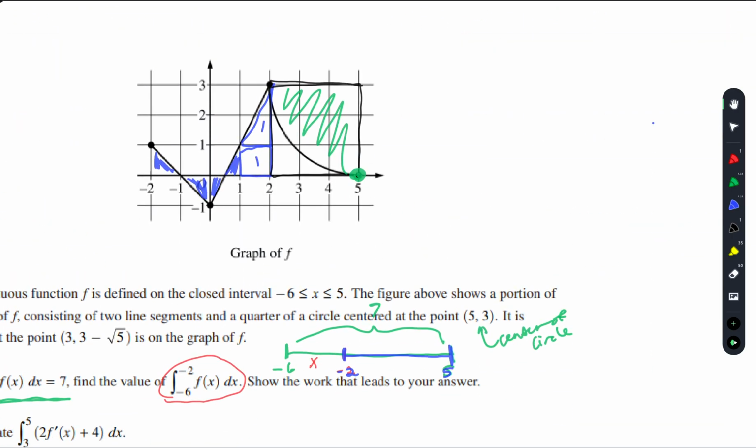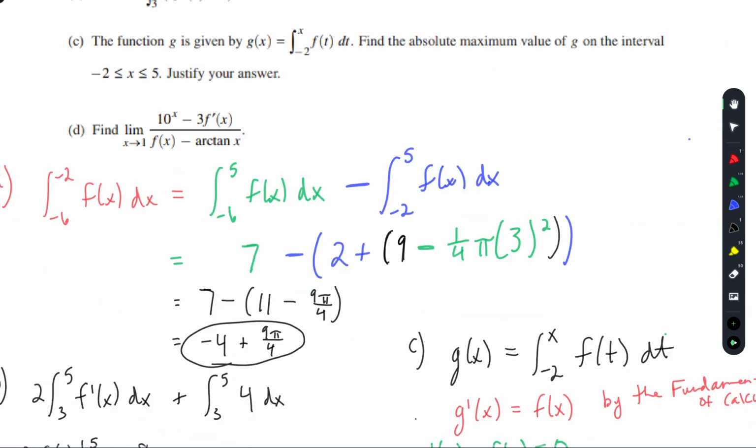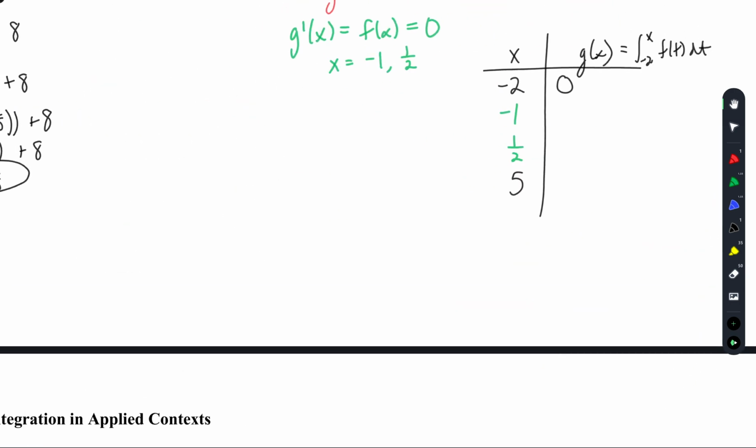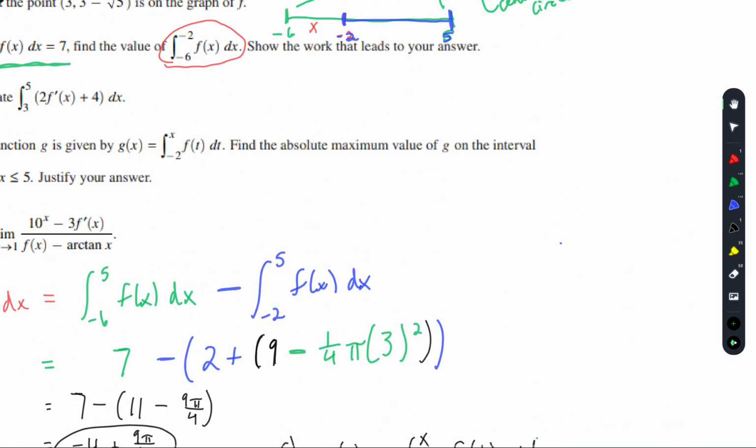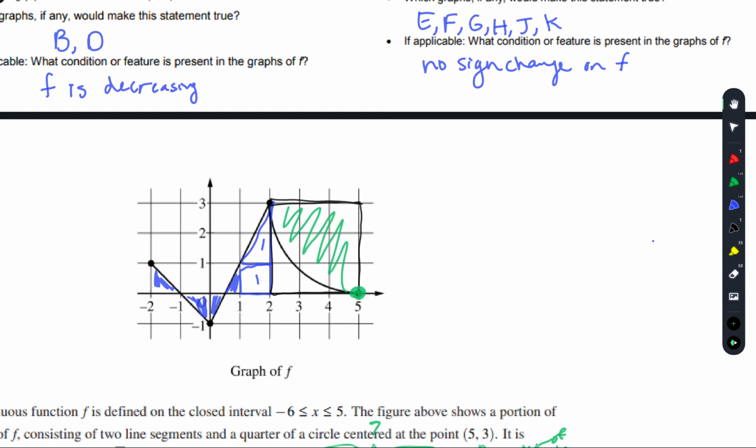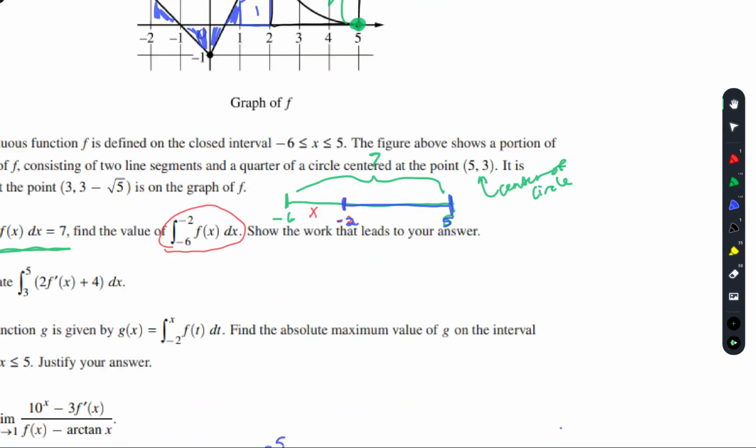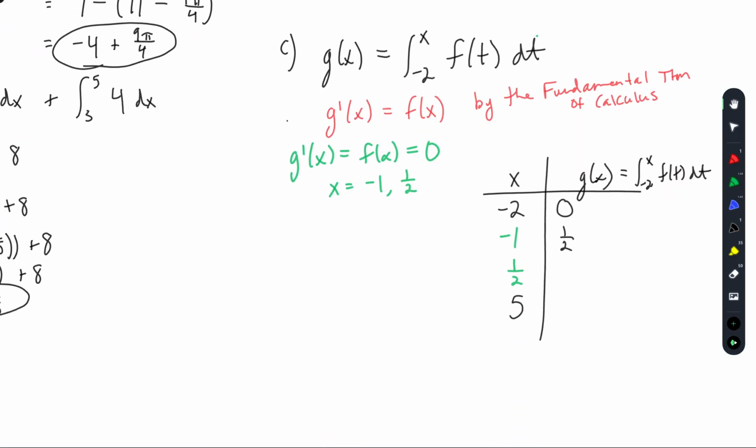What is that? A half? Positive half. What would that be? -0.5, because these two cancel out, and then you've got a negative half area.